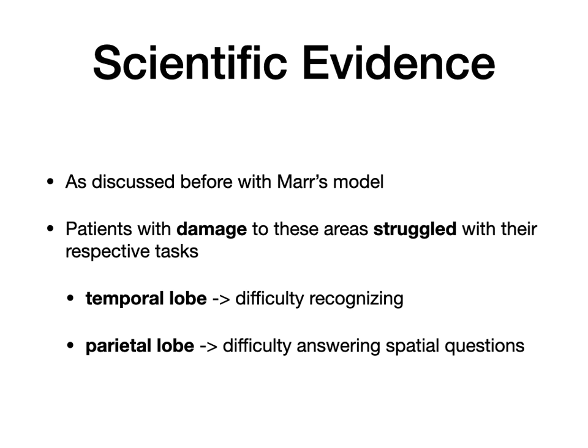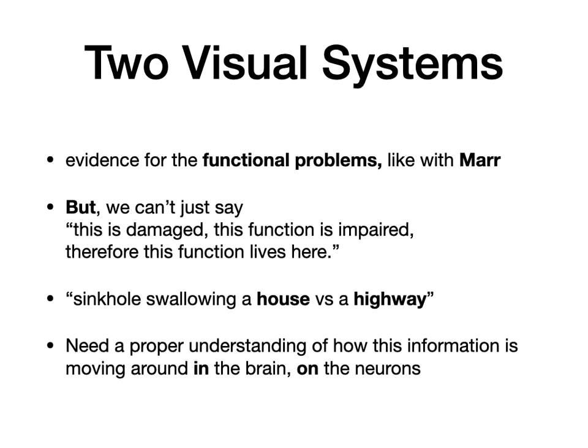So, this is interesting. This is connecting the dots again. It's evidence for the functional problems that people have, just like with Marr. But we can't just rely on these simple observations from medicine, because this part of the brain is damaged, this function is impaired, therefore this function lives here exclusively.